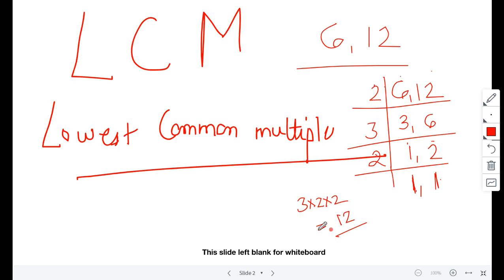Okay, so if I ask you what is the LCM of 4 and 12, then use the same method, calculate the LCM of 4 and 12.